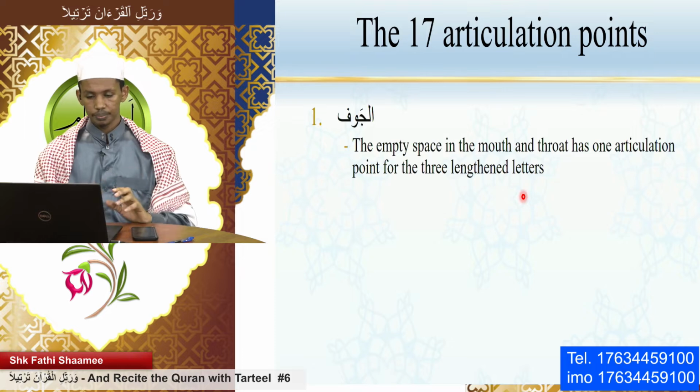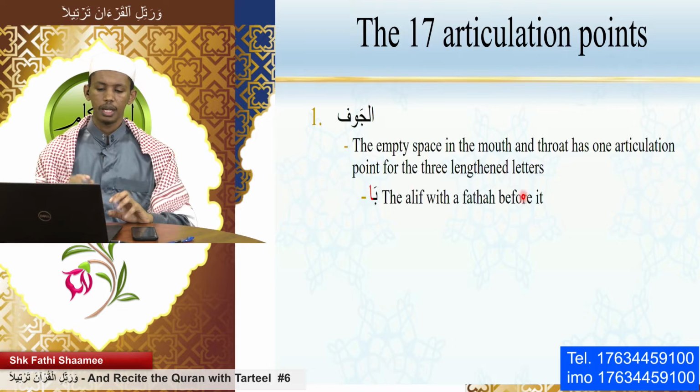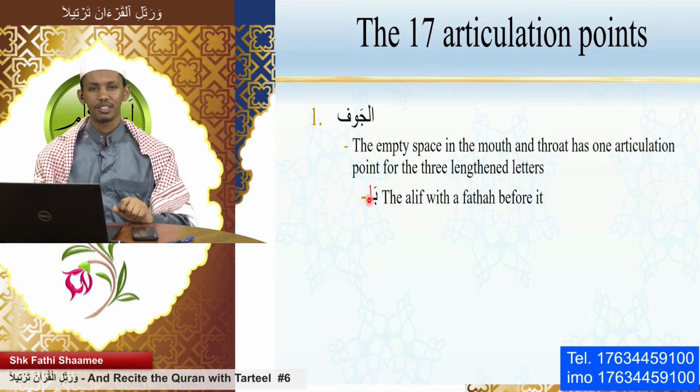So the 3 letters that are used as vowels, which are the alif with the fatha before it. So this alif here, its articulation point is from al-jawf. So it's from the empty space in your mouth and throat. And this articulation point, al-jawf, they say it's not a specific articulation point, right?